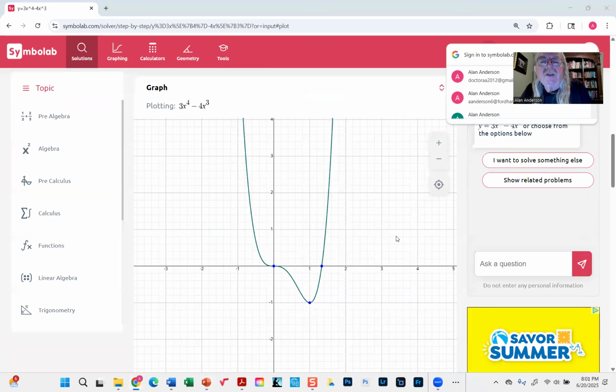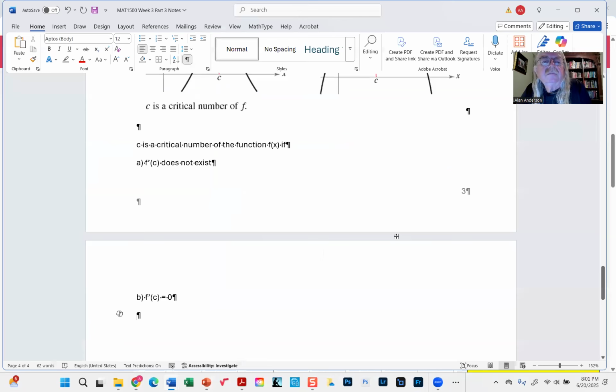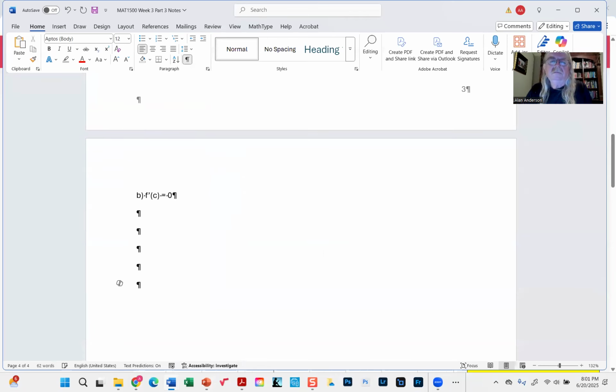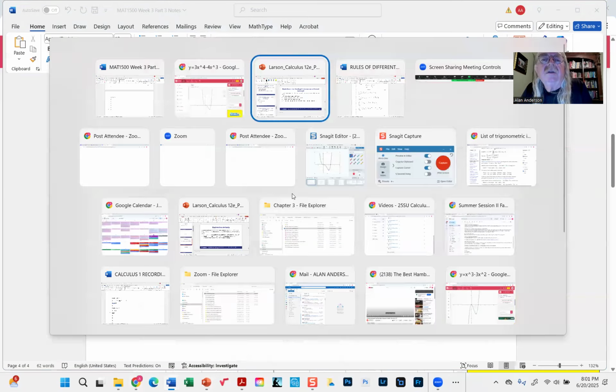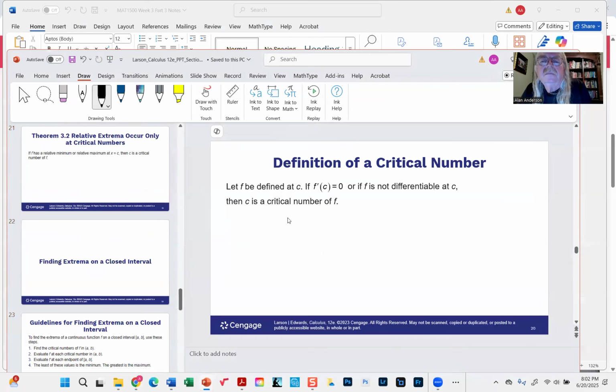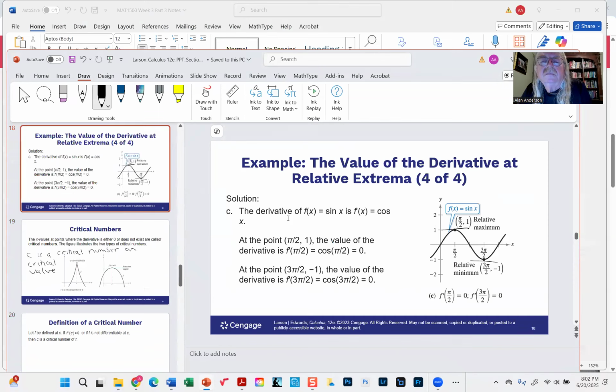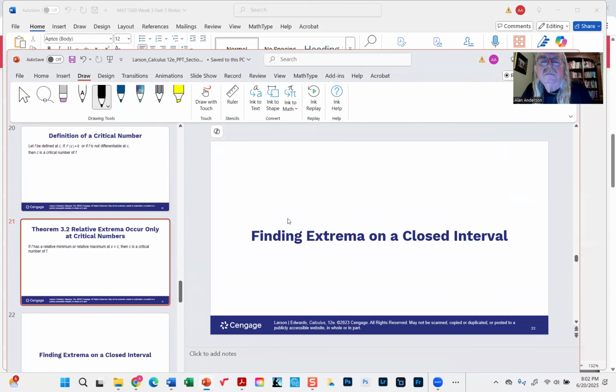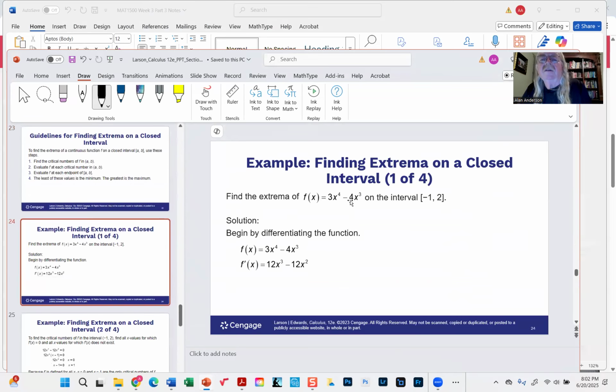So first we have to differentiate this function and set it equal to 0. Oh, here it is. Okay.